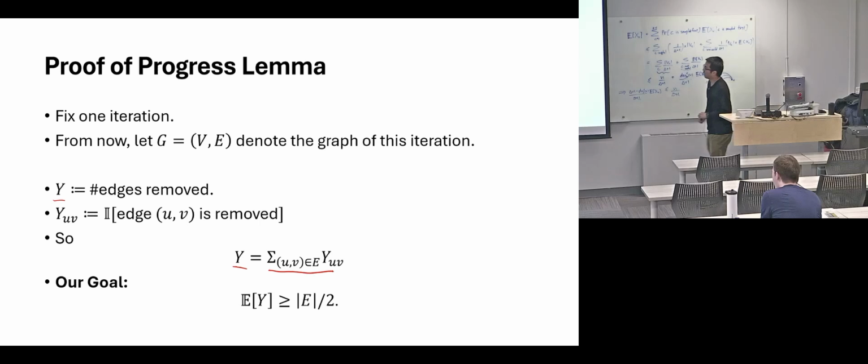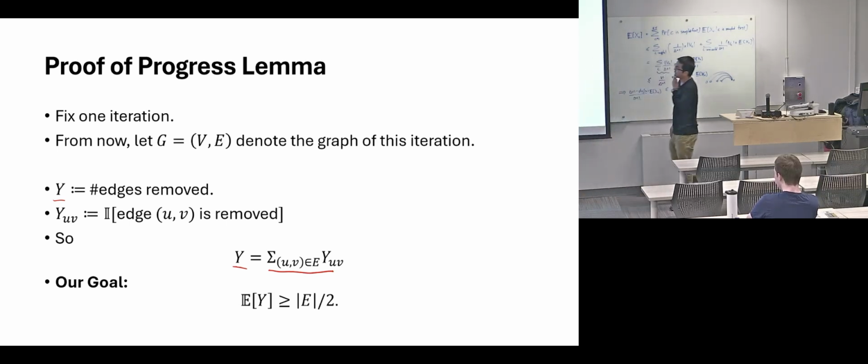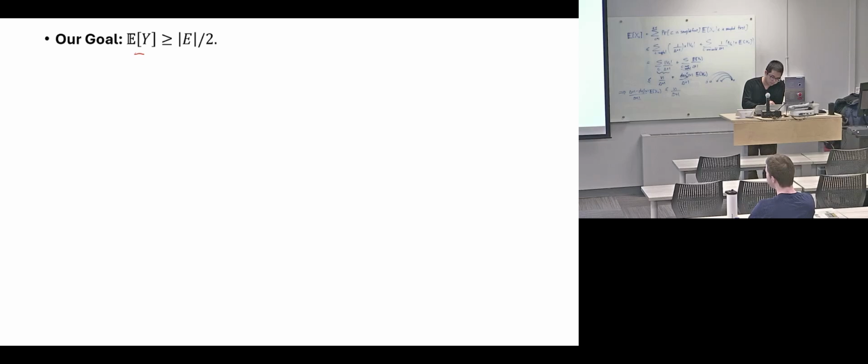Our goal is to show that the expectation of y is at least half of E. I want to show that in expectation I remove half of the remaining edges. That's the goal. And let's say I use N(u) to denote the neighbor set of node u.